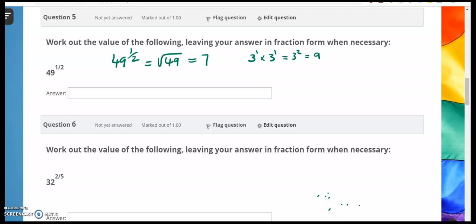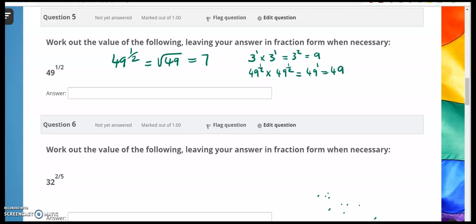So if we have 49 to the power of half and multiply that by itself, it's just going to give us 49 to the power of 1, because half and half equals 1, which is 49 itself. So we basically have done the same thing as raising to the power of 2, because 49 to the power of half has been squared to give us 49.